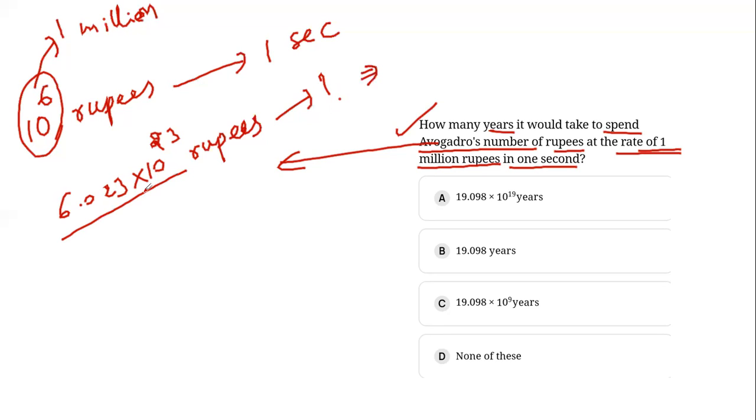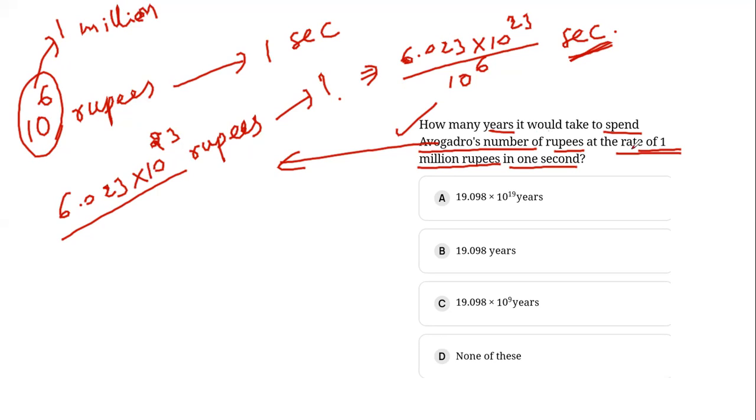Avogadro number into 1 by 10 power 6, that is 6.023 into 10 power 23 divided by 10 power 6, which is 1 million. So these many seconds it will take to spend Avogadro number of rupees.